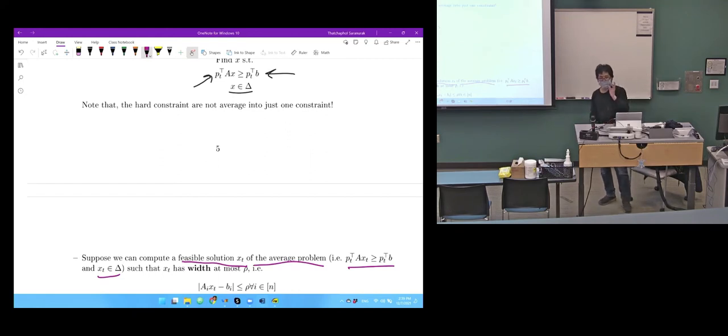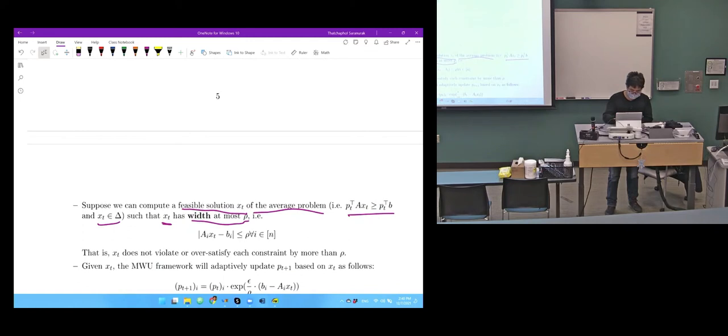But actually you need a bit more, you don't just solve the average problem only. You also want this xt to have something that we call small width. The width is at most rho. What do I mean by this? I mean that X does not violate or over-satisfy each of the original constraints by too much.